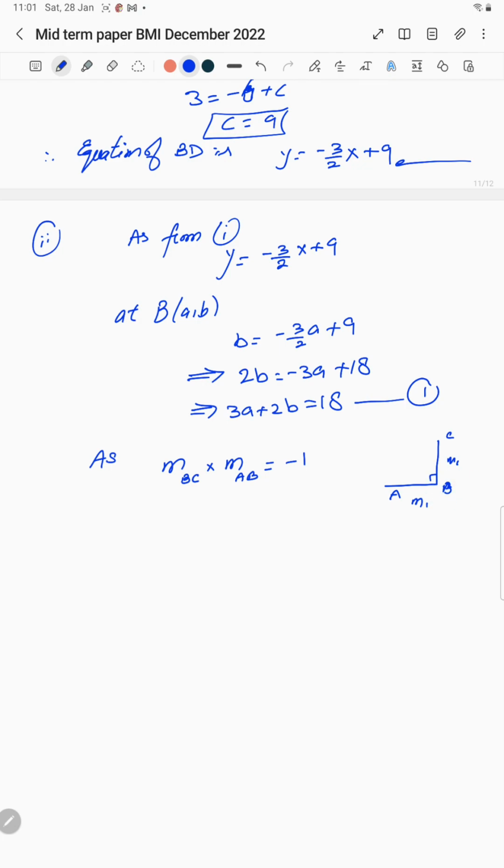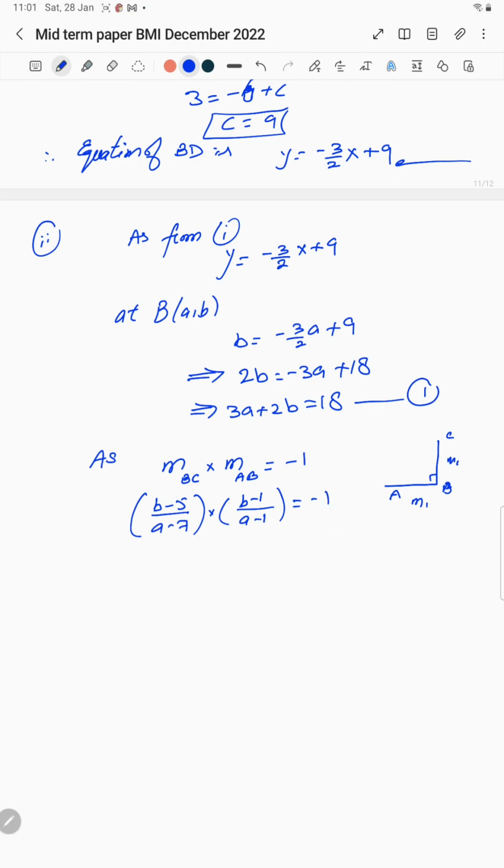So we can say that the product of their gradients should be -1. So let's see the BC. It becomes (b minus 5) over (a minus 7). And the gradient of AB, that is (b minus 1) over (a minus 1), equal to -1.